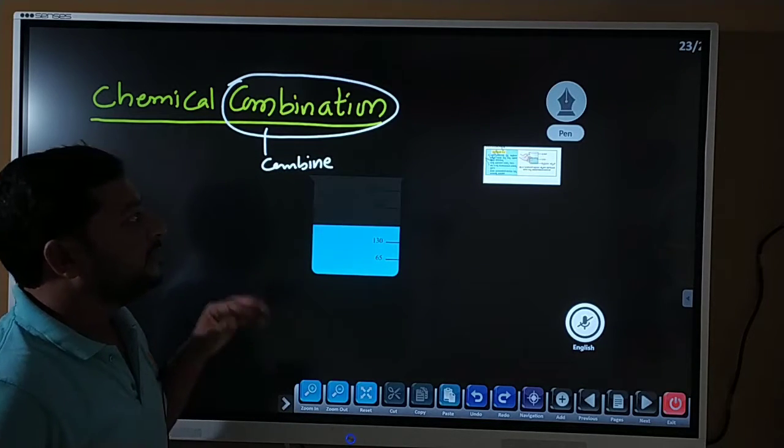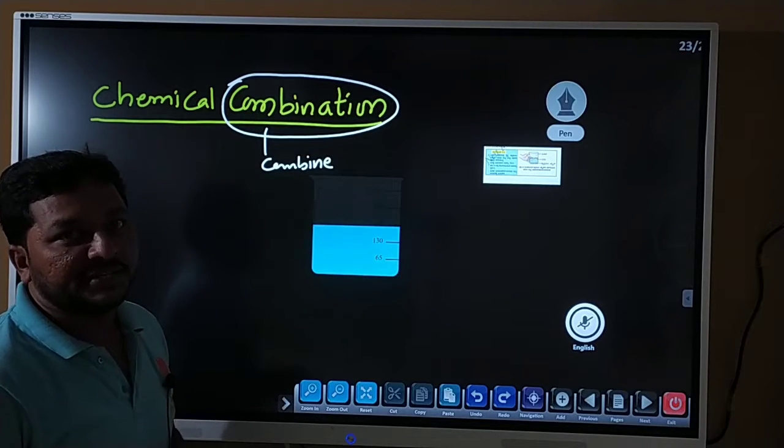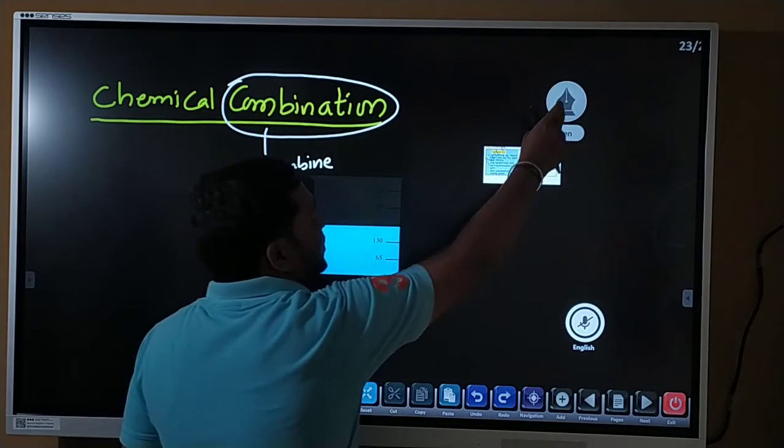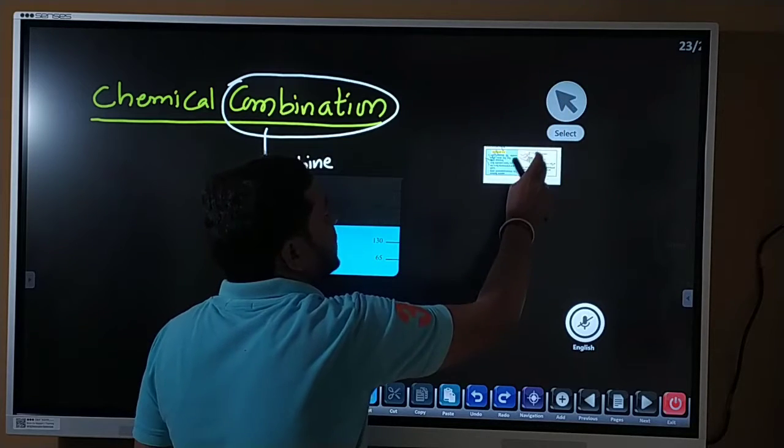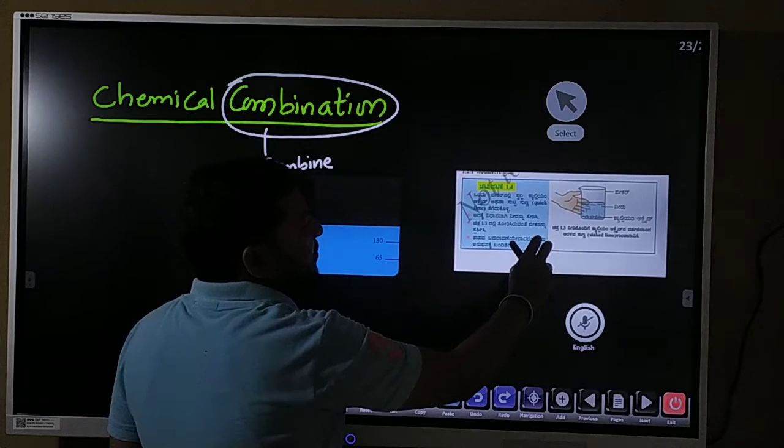Now we will do one experiment for chemical combination. In the textbook they give one experiment, so I will show you.